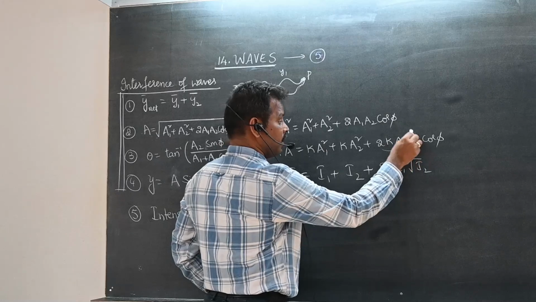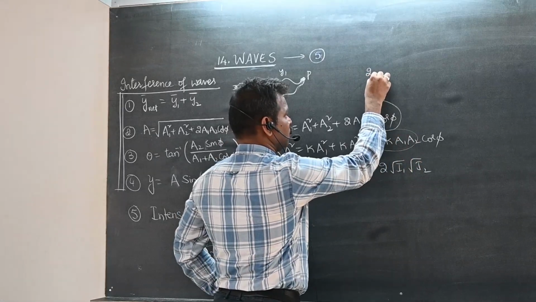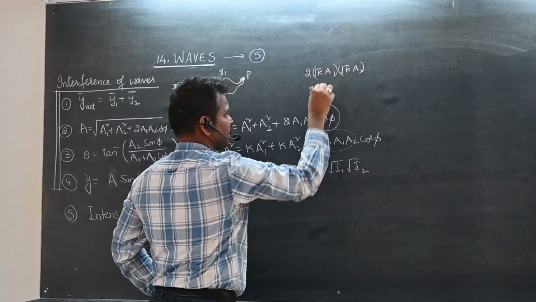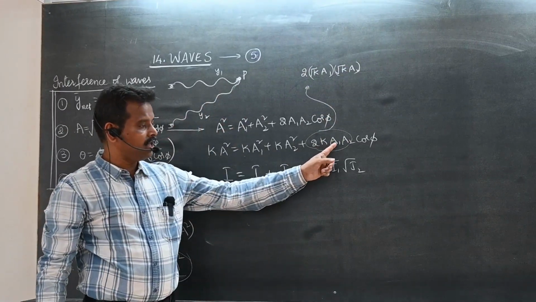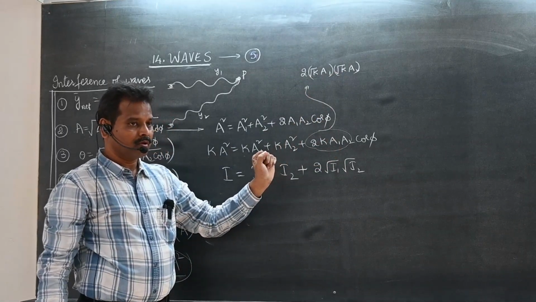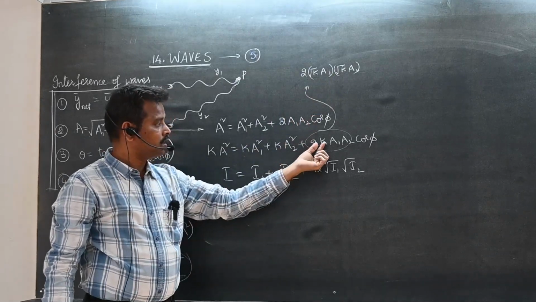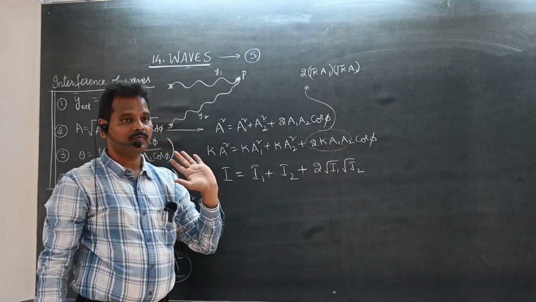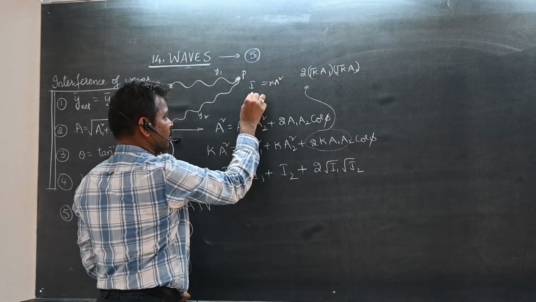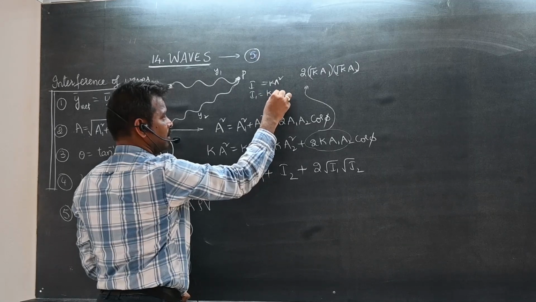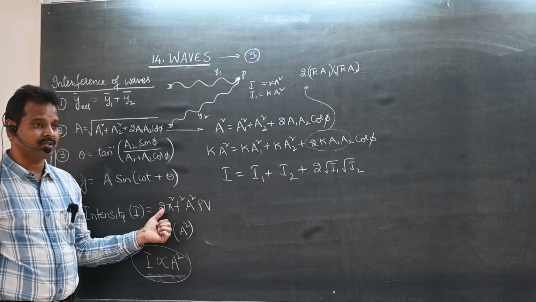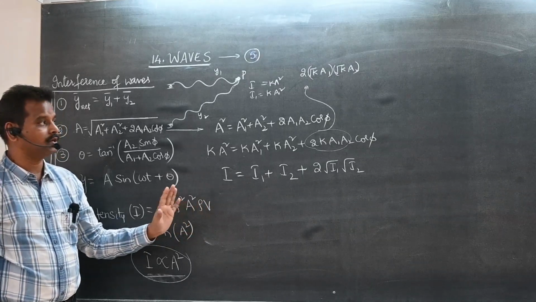You will see. 2k a1a2 can be written as 2 root k a1 root k a2, root k into root k gives k. So I is equal to k a squared. What is I1? k a1 squared, because k never changes. For I1 or I2, the term 2π²f²ρv never changes.